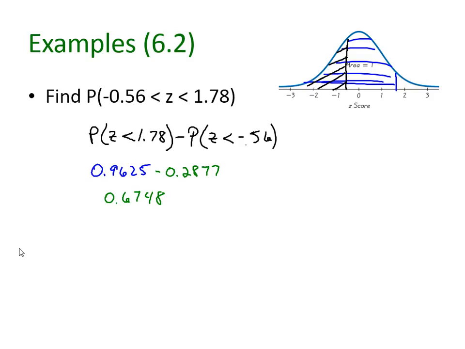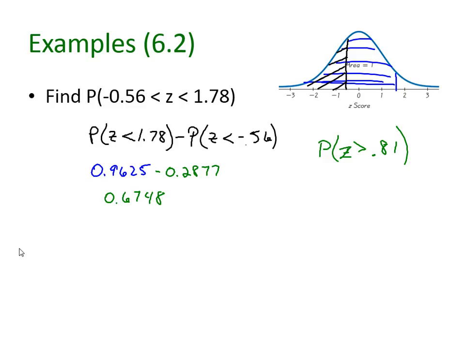I think the part you're really thinking of is if I asked what is the probability that z is greater than, let's go with 0.81. I think that's the one you're actually thinking of. If I wanted to find the probability that z is greater than 0.81, first of all, when I look at my table, what do we get? 0.7910, okay.